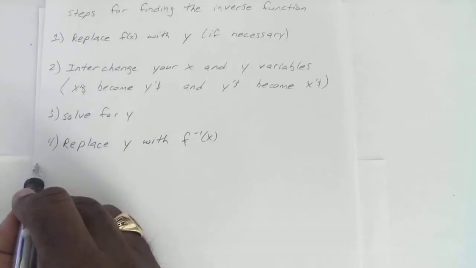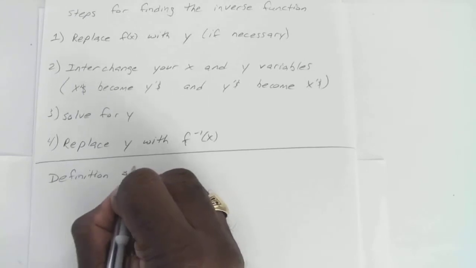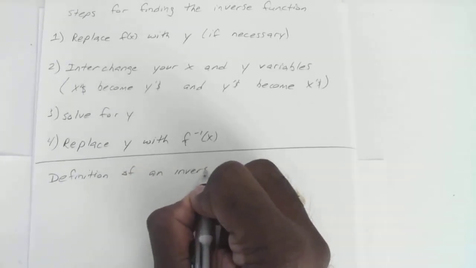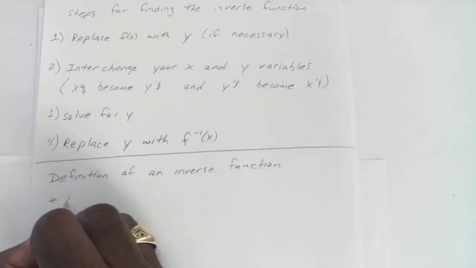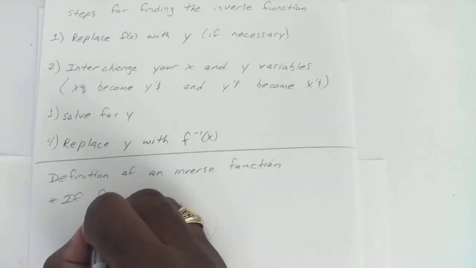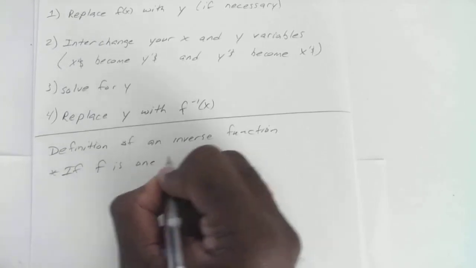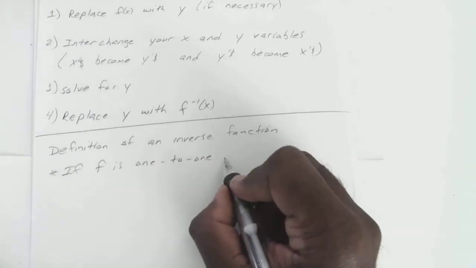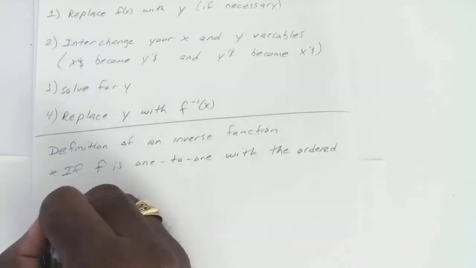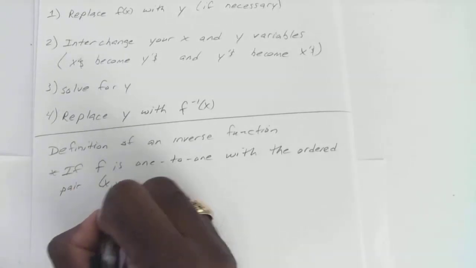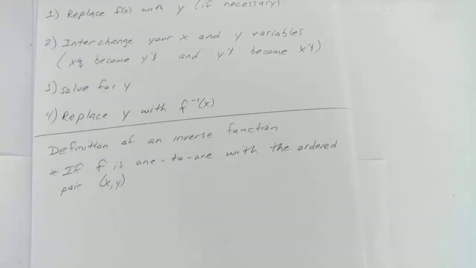Okay, so kind of the formal definition of an inverse function. Say if some function f is 1 to 1, and you have the ordered pair xy. So f of 1 could equal something, f of 2 equals something, f of 3, so on and so on.